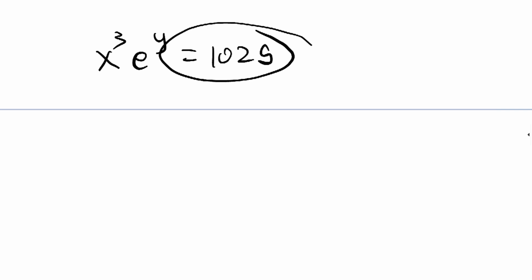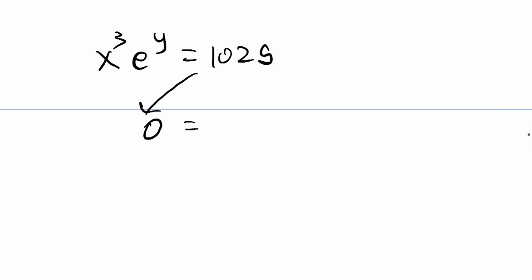Okay, so take the same idea, let's say you have the derivative of x cubed e to the y equal to 1025. Well, this right side is just going to be 0 as always. So take a derivative, the right side turns to 0, and I'm going to move it to the left here and move this to the right.